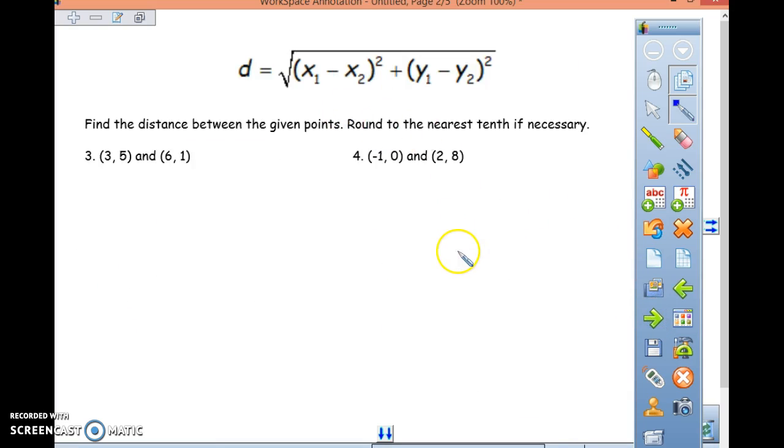Distance formula. Distance formula will find the distance between two ordered pairs. So again, this is our x1, y1, x2, and y2.